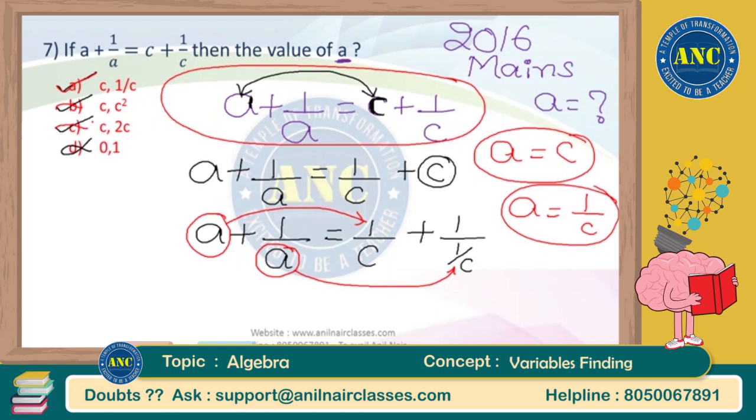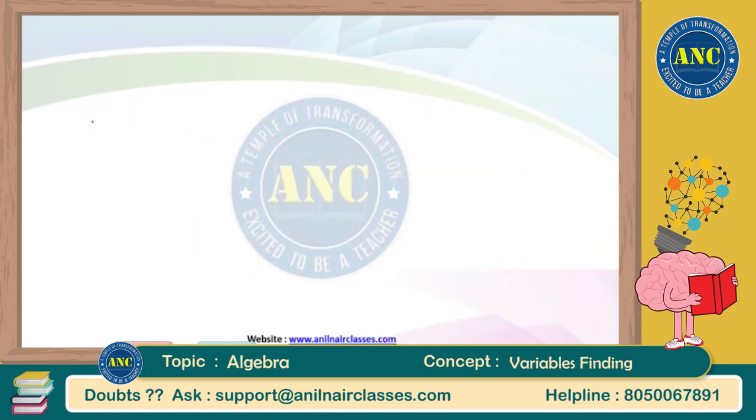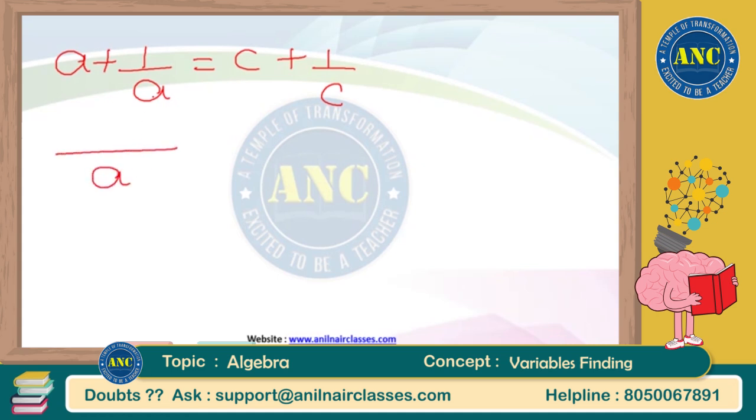I hope the idea is very clear, sir. I will say, the moment you get this question, don't take me wrong, sir, A plus 1 by A is equal to C plus 1 by C. The moment you see this question in the examination hall, you will take A LCM, you will write it as A square plus 1. You will take C LCM, you will write it as C square plus 1. Cross multiply, it is C into A square plus 1.